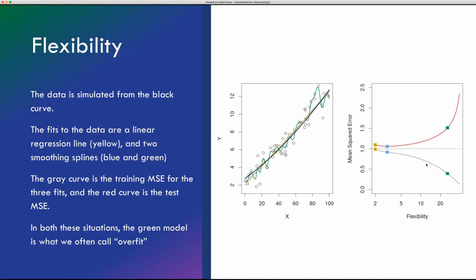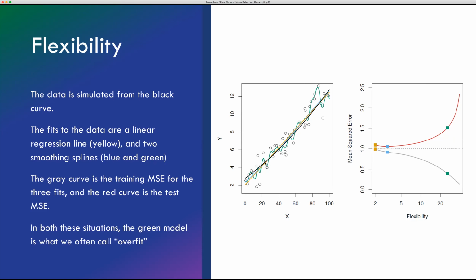This is the same concept: use a testing data set and a training data set for measuring the mean squared error. We should focus on this red curve, which is for the testing mean squared error.